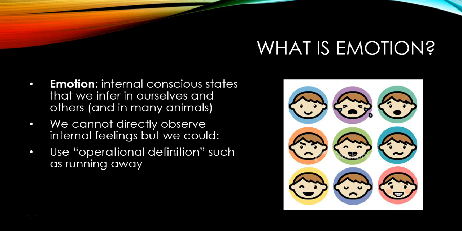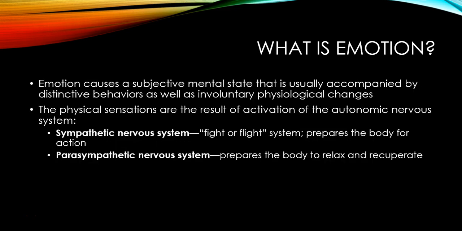But we could say, well, if someone runs away from something, that means they're scared. Or if somebody starts to cry, that means they're sad. Again, we can't really measure their internal feelings, we can't observe them, but from what we see behaviorally, we can decide what emotion we believe they're feeling.